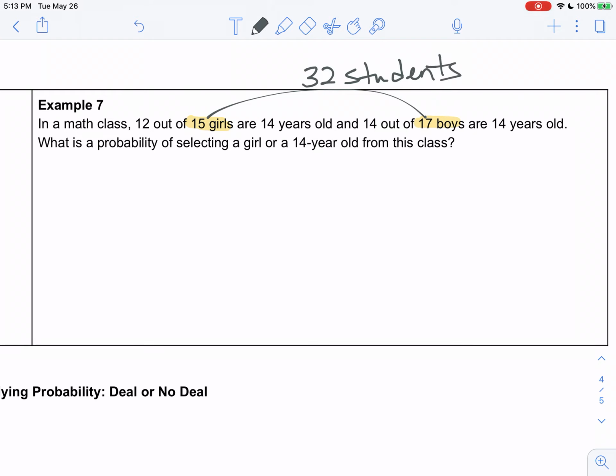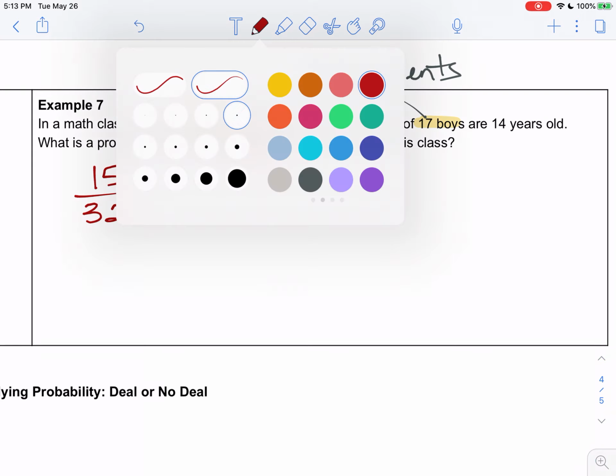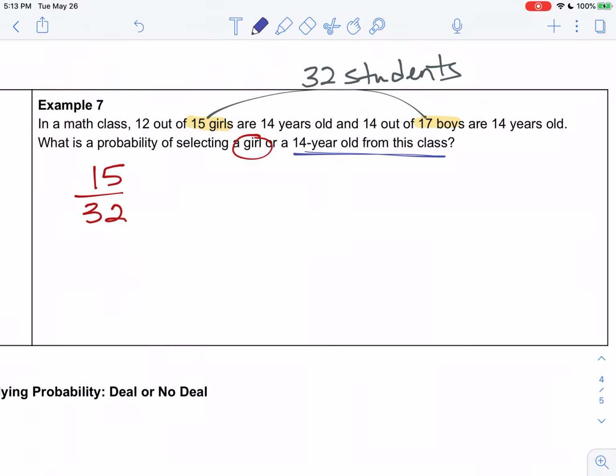All right. So the probability that I select a girl out of the class is going to be 15 out of 32. The probability that I pick out a 14-year-old: 12 of the girls are 14, and 14 of the boys are 14.